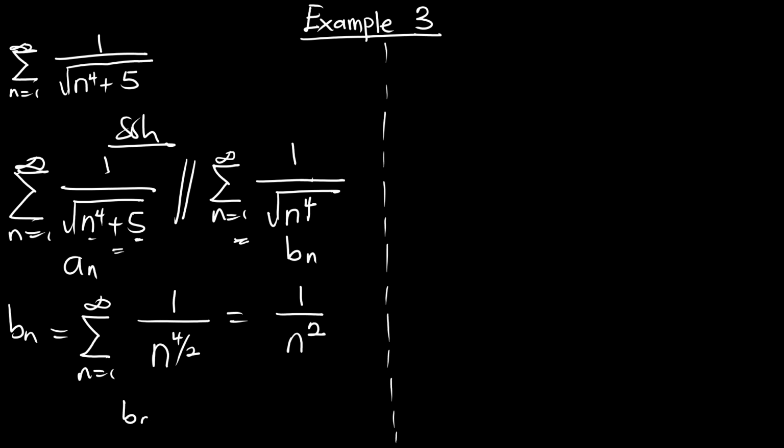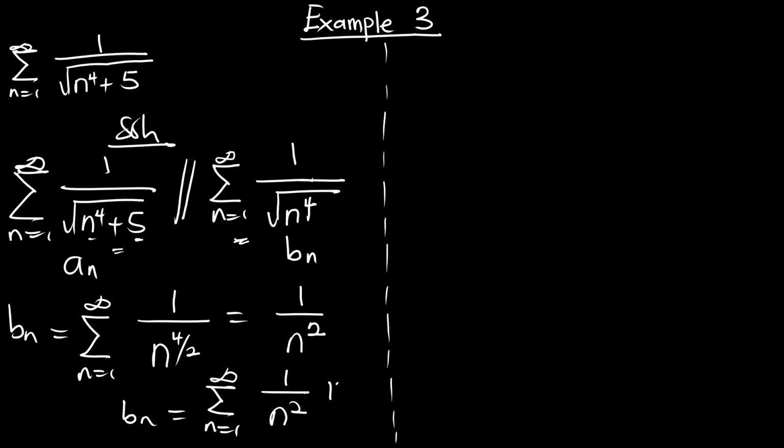So therefore our bn is now the summation from n equal to 1 to infinity of 1 on n squared. So what can we say? We know if bn diverges or converges from the p series, right? Yes, we can use that using the p-series test.